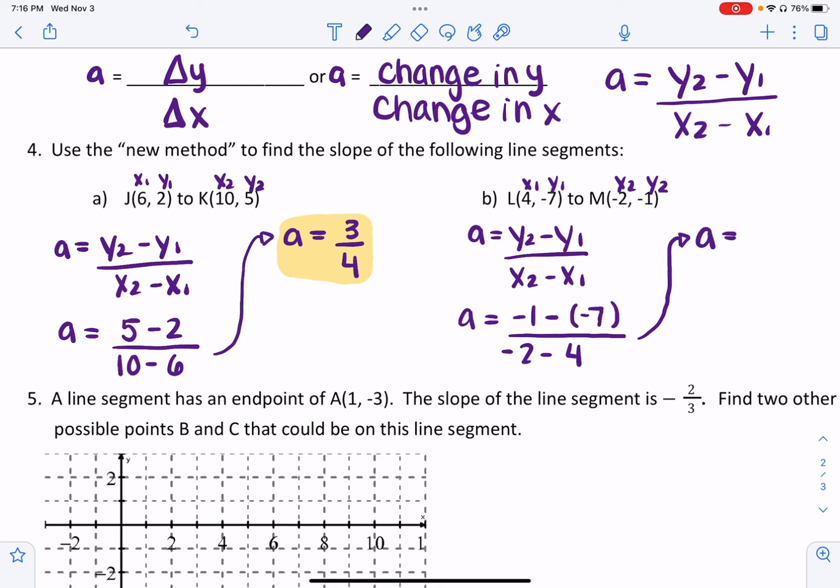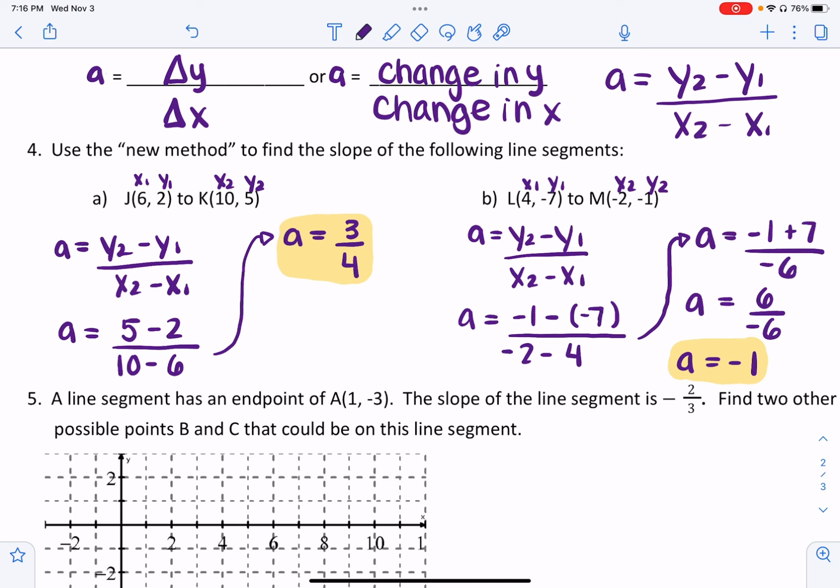So negative 1 minus negative 7 is the same as negative 1 plus 7 all over negative 2 minus 4, which is negative 6. We'll simplify that numerator. Negative 1 plus 7 is 6 over negative 6, which simplifies to negative 1. And that's our final answer there.